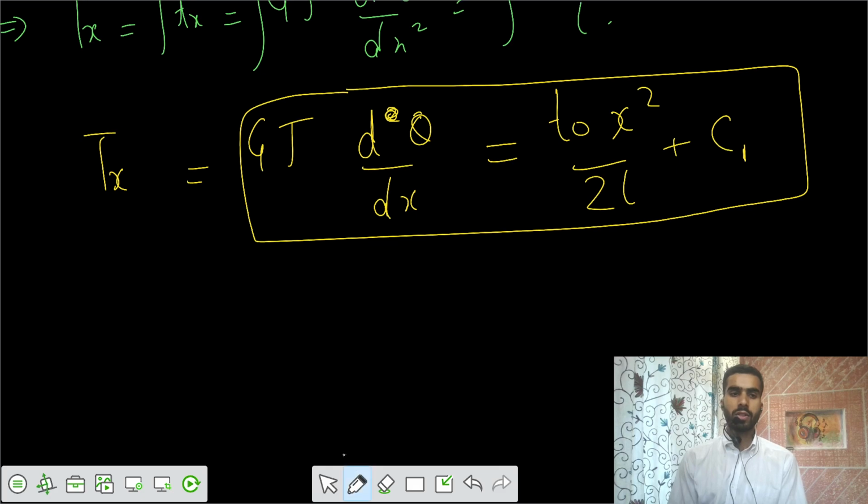This is the torque equation for torque at any x.